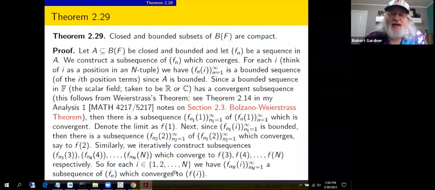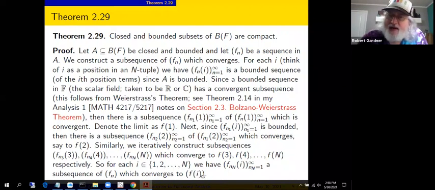So for each index I, that is for each position, if you will, in the vectors, we have f sub n sub capital N of I, n sub capital N equals 1 to infinity as a subsequence of f sub n, and it converges I-wise, component-wise, to the value f of I. We constructed the f of I vector in that manner.